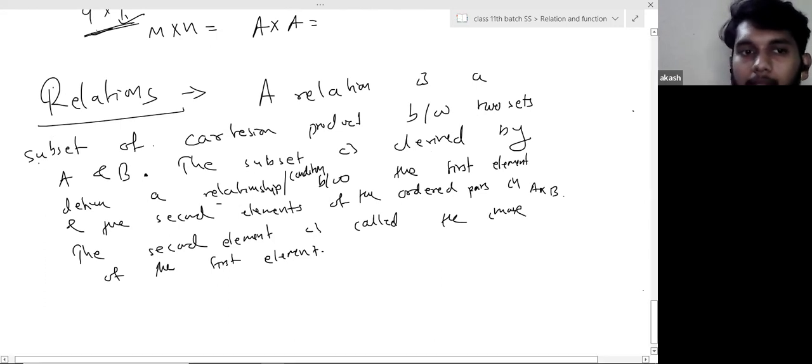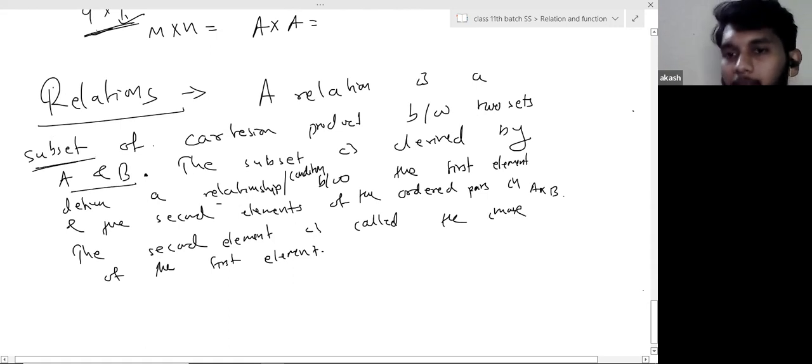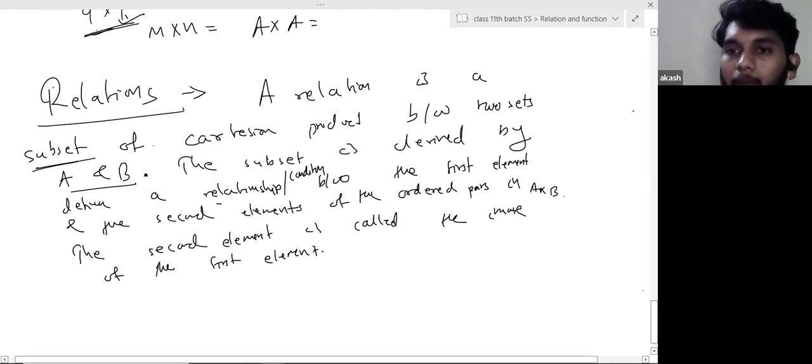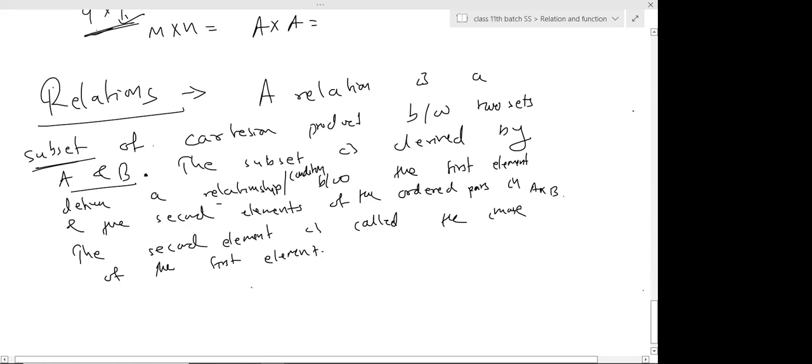It is a subset of the Cartesian product between A and B. If they define a relation, it is always between two sets. We'll take a subset of A cross B. We all remember what a subset is, Fahad, Arnav? Yes, sir.